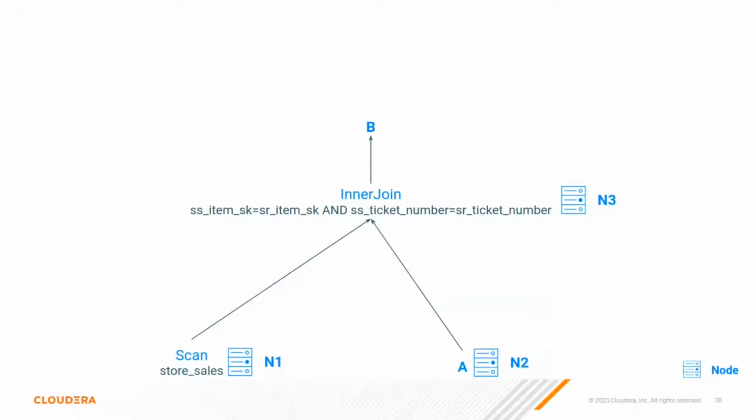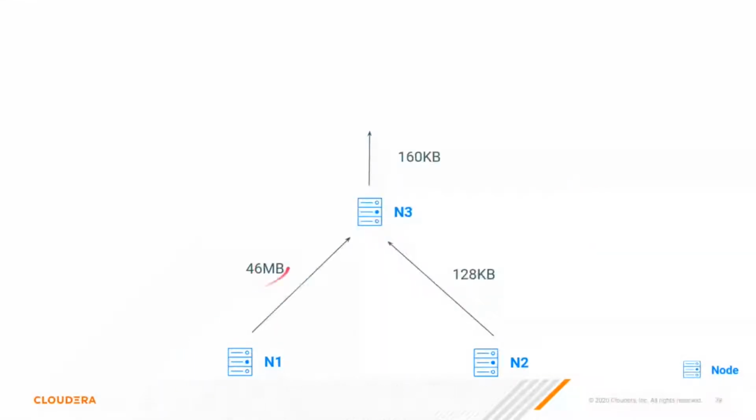Now, if we go from the number of tuples to the size of the relation, we notice that we are sending from node 1 to node 3 to perform the join around 46 megabytes, and from the other side, a few kilobytes, and then the rest to the rest of the operators. Comparing these numbers, we would like, if possible, to reduce this 46 megabytes.